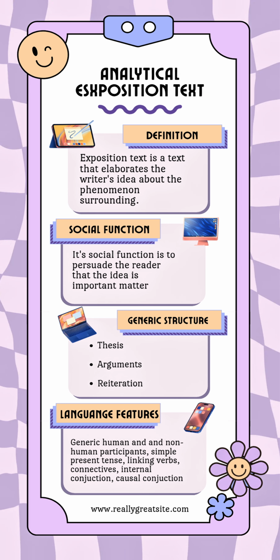And then there are internal conjunctions used to connect arguments within the text, such as to begin with, next, nonetheless, lastly. And that's the review about analytical exposition text. And this is the example of analytical exposition text.